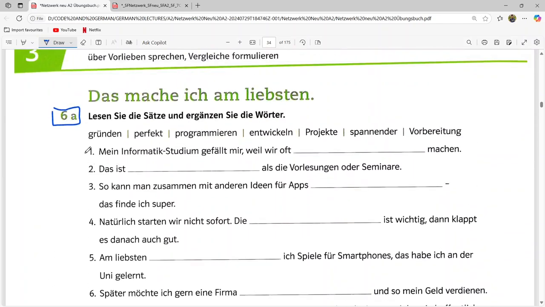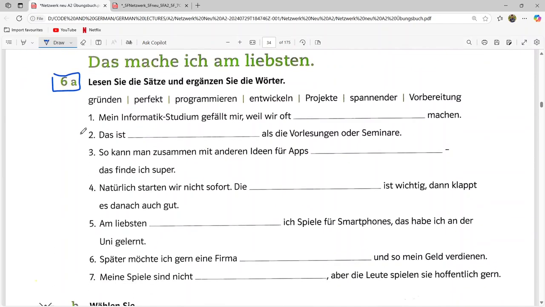Those who are in IT, this will be a very easy topic for you. Let's start. Mein Informatikstudium gefällt mir. So I like the study of computer science because while we often make what? Make projects. So we often Projekte machen.